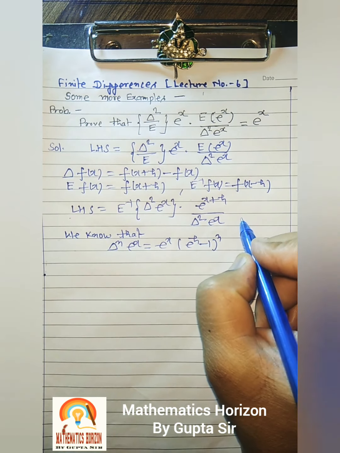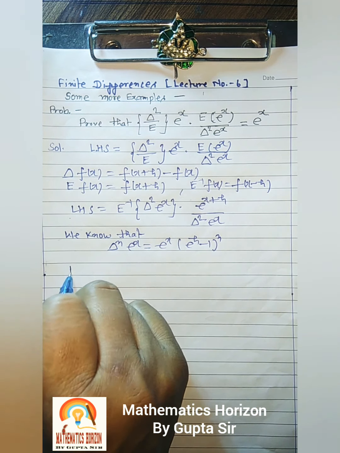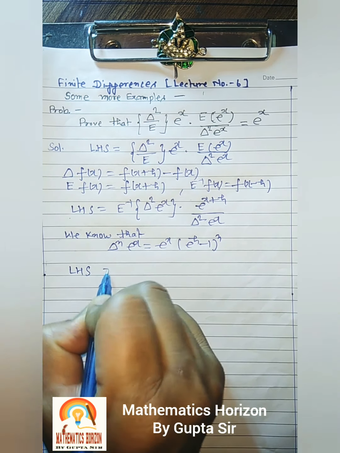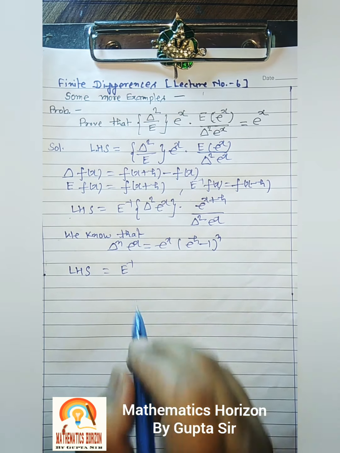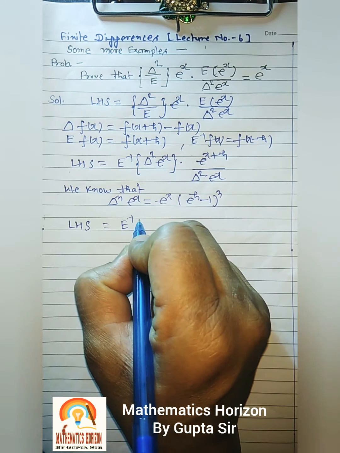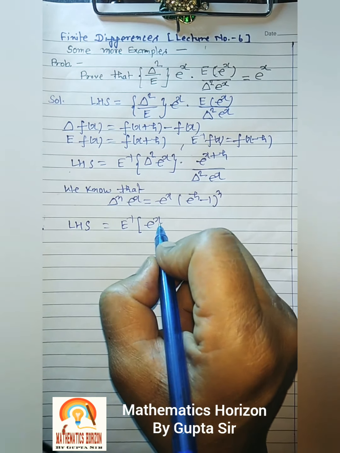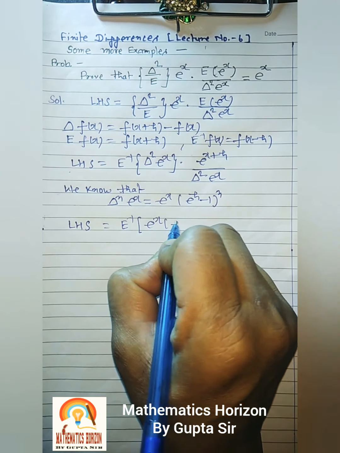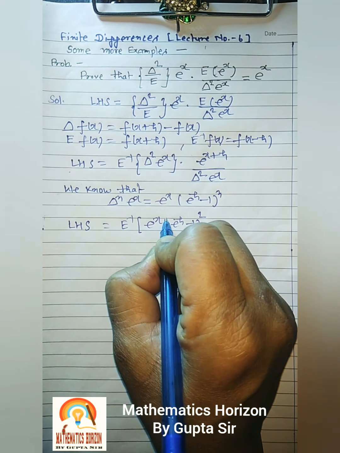Now from this relation, that is E⁻¹ Δ² e^x. Δ² e^x means what we can write here? Here we can write e^x and (e^h - 1) whole square.